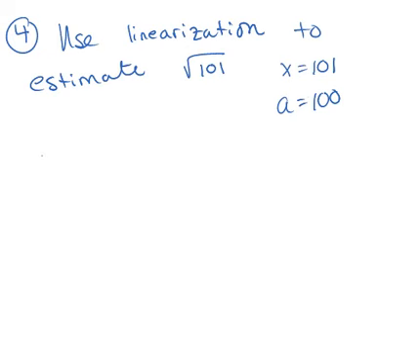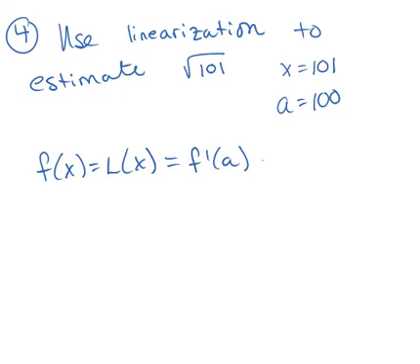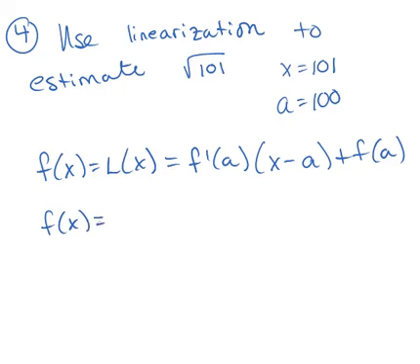All right, so our linearization, remember f of x, which is equal to L of x, is just going to be f prime at a times x minus a plus f at a, where our function f of x is just going to be the square root of x, because that's what we're looking at. So that's x to the 1/2 power.